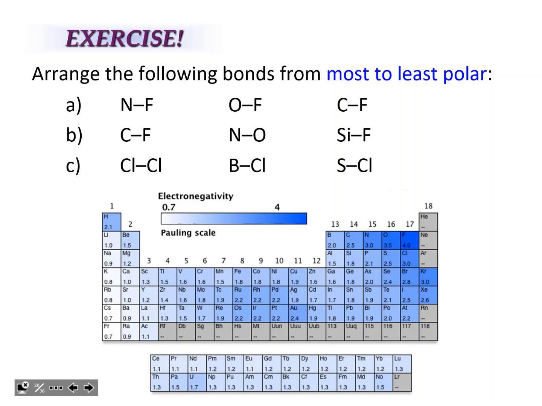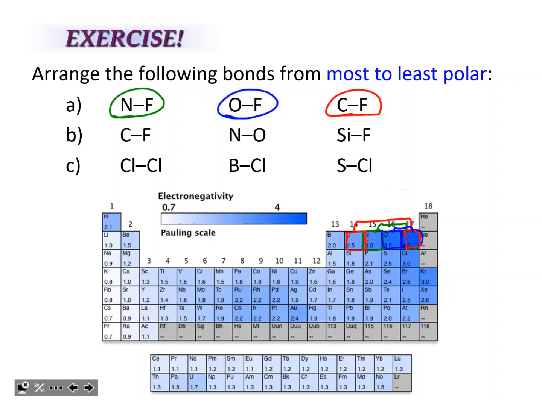So if I'm comparing N to F, I'm comparing that one with O to F, and then C to F, over here to F, right? So we have N to F, O to F. You're supposed to be looking at the relative placement on the periodic table, not actually calculating the electronegativity values.